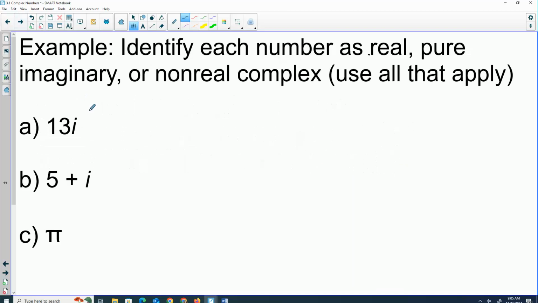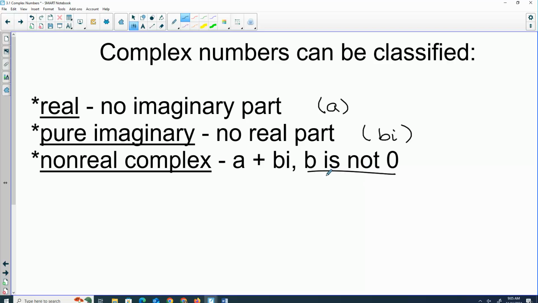So when I look at this first number, 13i, is that a real number? No. Is it pure imaginary? Does it have only the imaginary term? Yes, because I'm not adding any real part to it. Okay, then looking at our definition, non-real complex, a plus bi, it tells me b can't be 0.